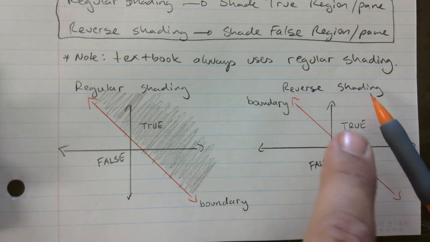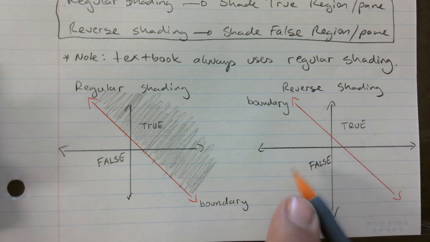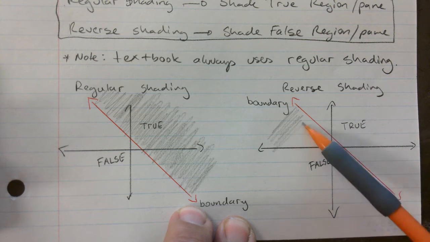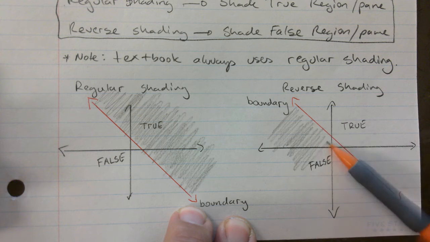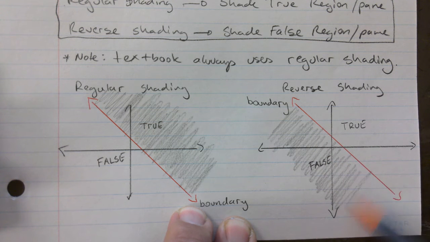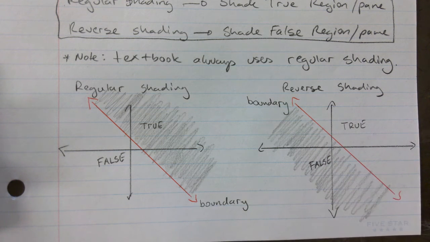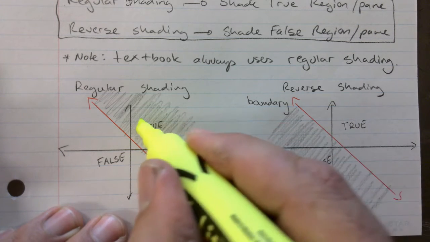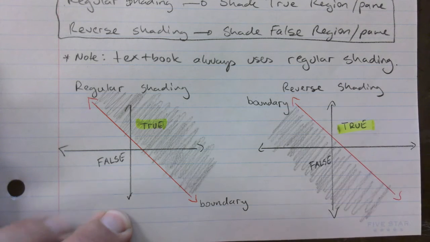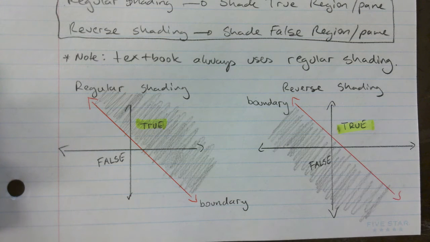If I'm asking you to use reverse, we're going to do the opposite. We're going to shade the false region, right? But I just want you to know that true is still true. Like the true region didn't change, it's just the one we shaded changed.